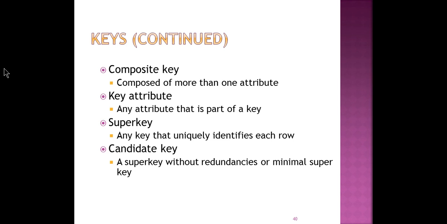So a super key contains extra attributes, hence when you remove those extra redundant attributes, you get the candidate key. The candidate key is a subset of the super key, or you can say a minimal super key is known as a candidate key. So primary key is a subset of candidate key, which is a subset of super key. A table may have many super keys or many candidate keys, but it must have only one primary key. There may be many candidate keys on a table, but we select only one candidate key as the primary key.